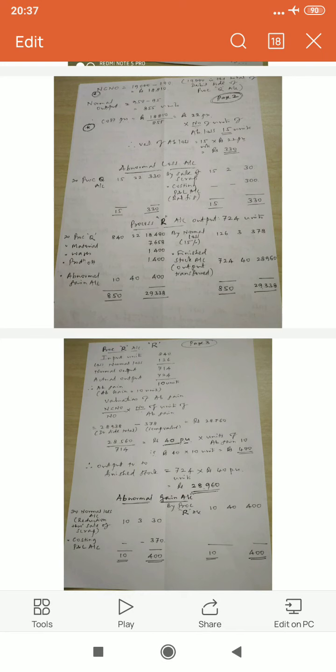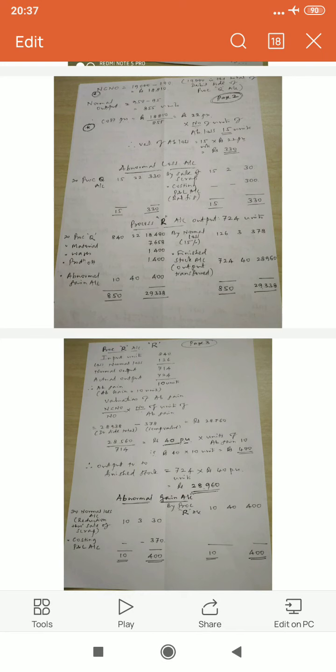Now, in this problem, how much is the normal cost of normal output? How to ascertain the normal cost of normal output? You sum up the debit side of process Q account. The total amount lying at the debit side of process Q account stood at rupees 19,000.